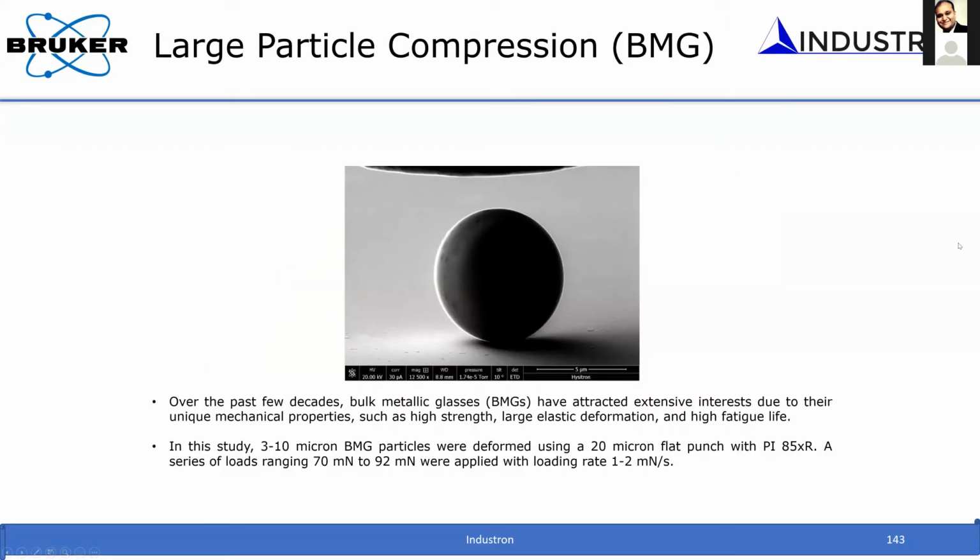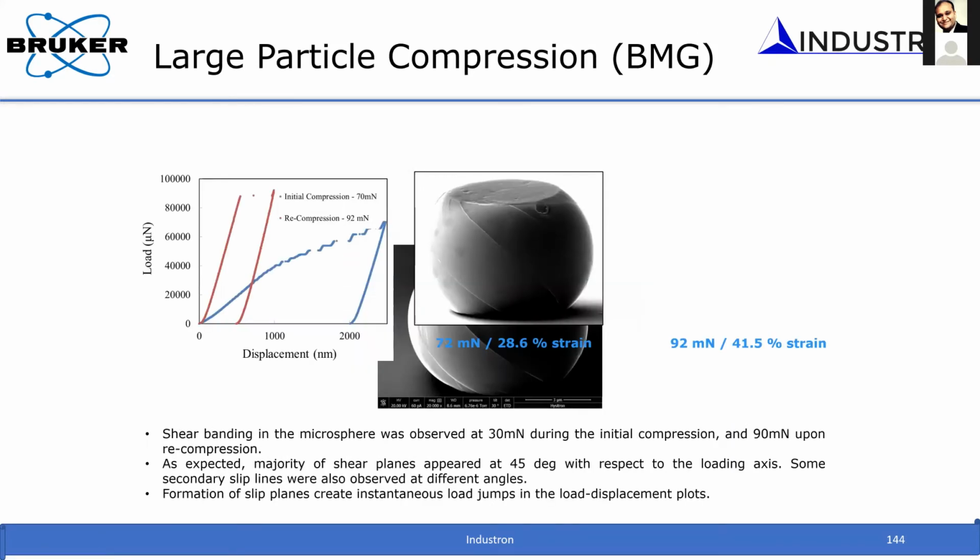And this is for bulk metallic glass. There's a lot of work that has been done in bulk metallic glass. The important part of it is basically to understand the deformation mechanics. Unlike metals, they undergo deformation through shear bands and shear-based mechanisms. And you can see that when you do these experiments, you can see this load-displacement curve.